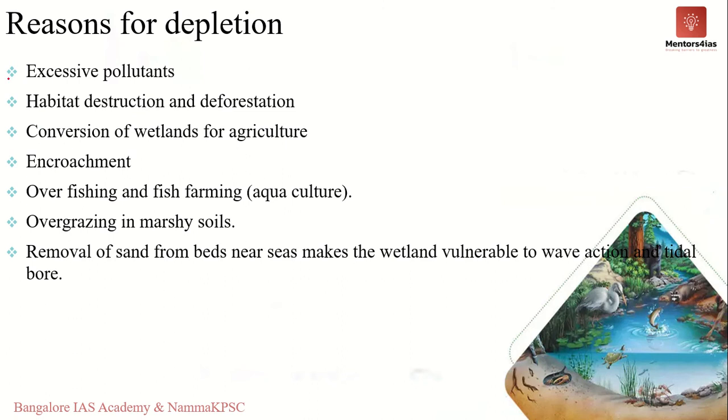Even though these wetlands are very important, many wetlands are under tremendous pressure and are being destroyed. There could be many reasons for this. It could be conversion of lands for agriculture, overgrazing, removal of sand from beds, habitat destruction, deforestation, pollution, climate change, encroachment, industrial effluents, eutrophication.